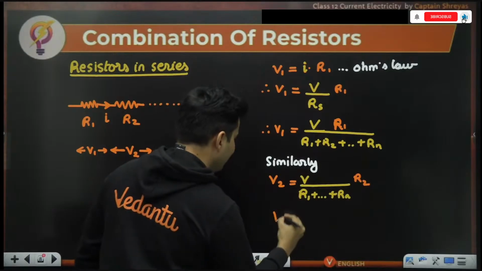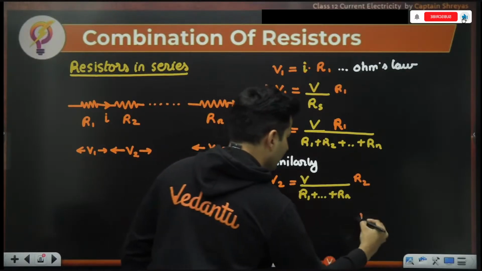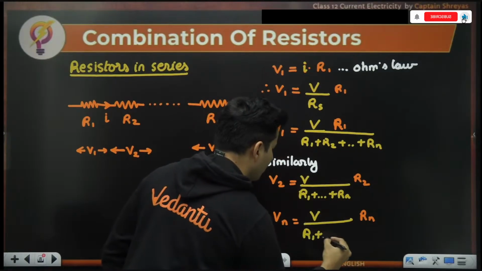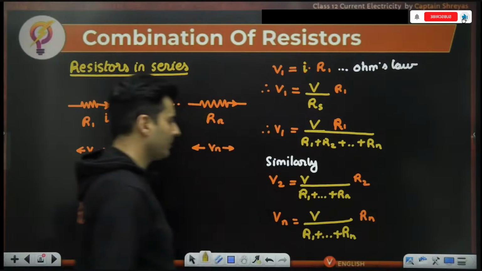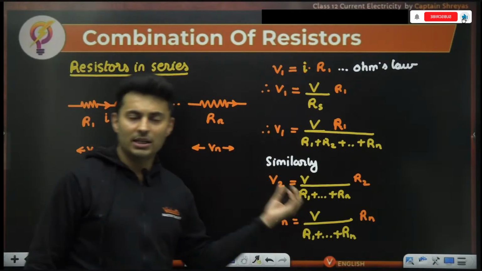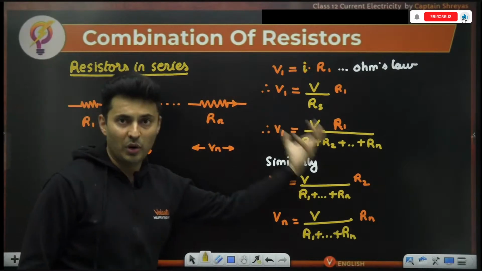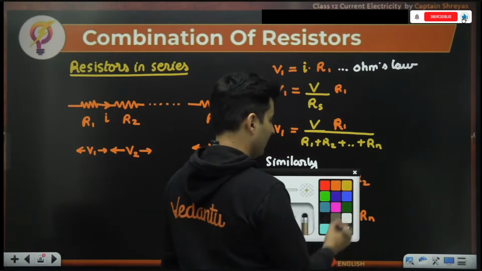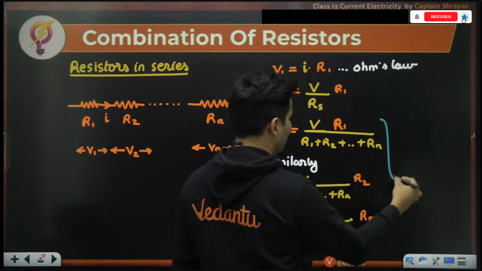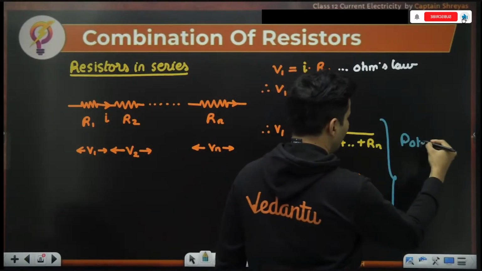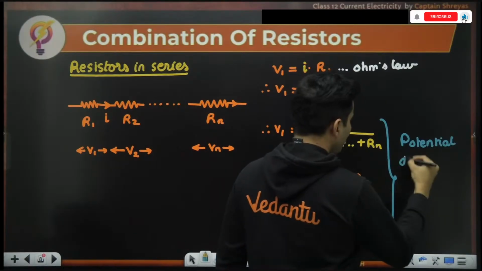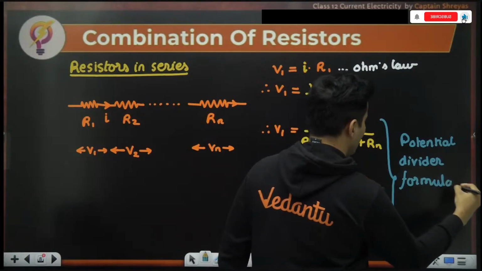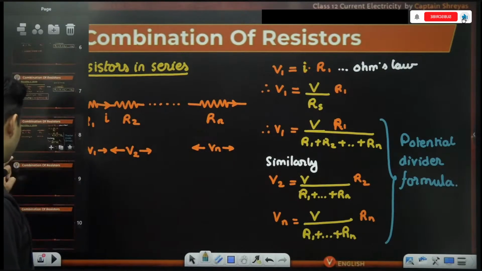Same thing, you can say Vn will be, here you will have Rn multiplied by the total voltage divided by R1 plus R2 like that till Rn. So you can figure out the voltage across any resistor. This formula for finding that voltage is called the potential divider formula. Very, very important.